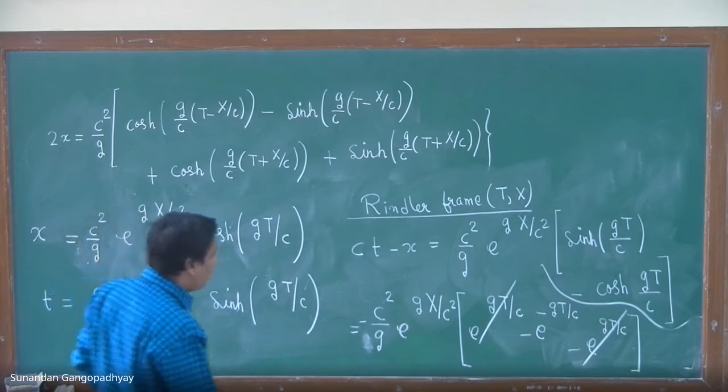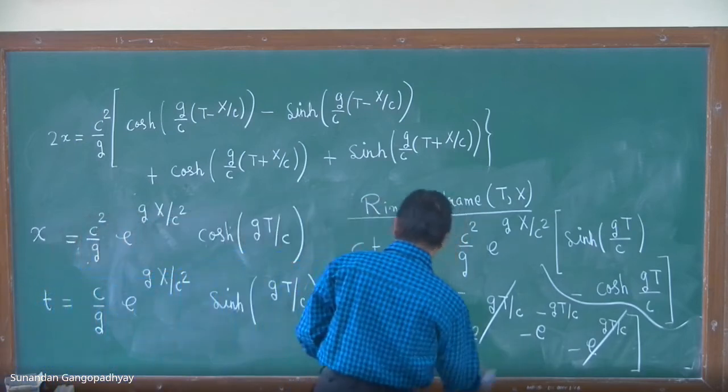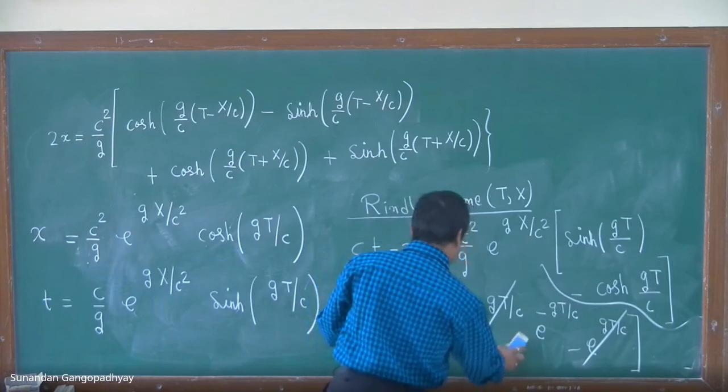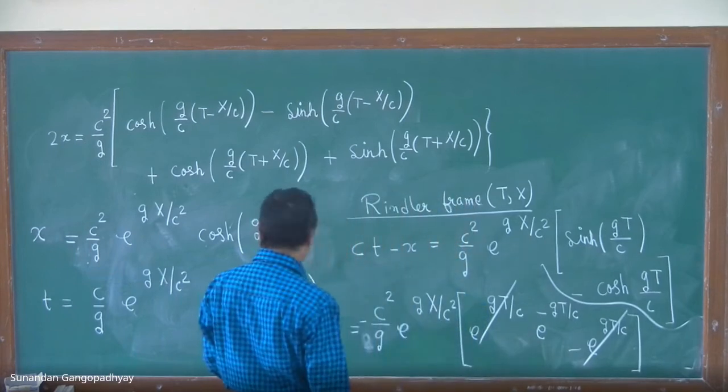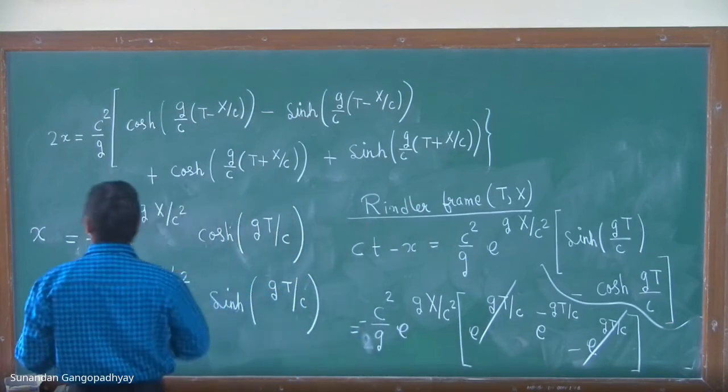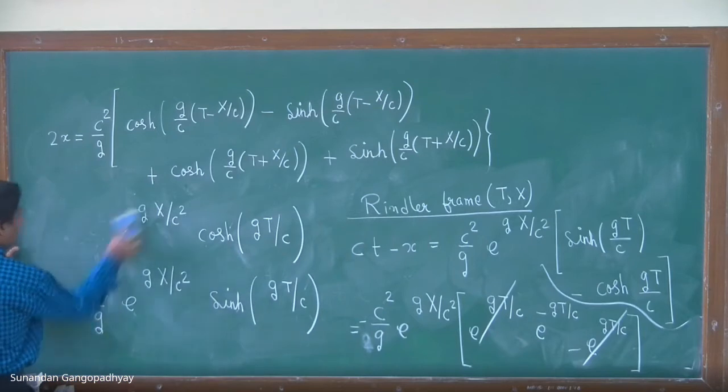Okay, so now you will see that you have taken this minus sign out, and this I wrote down as, okay, so let me just write it. Let me remove this.